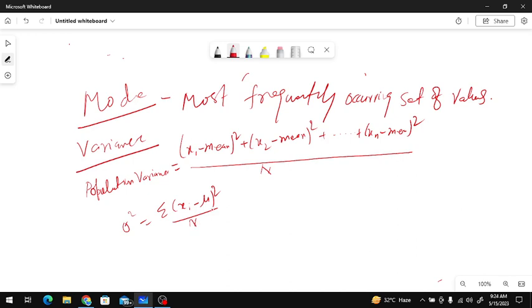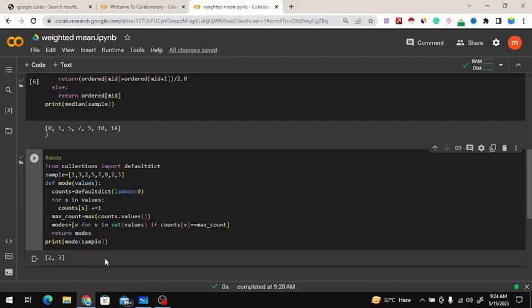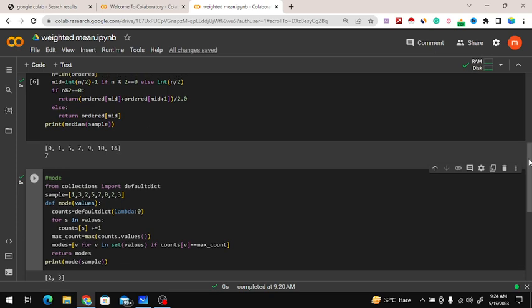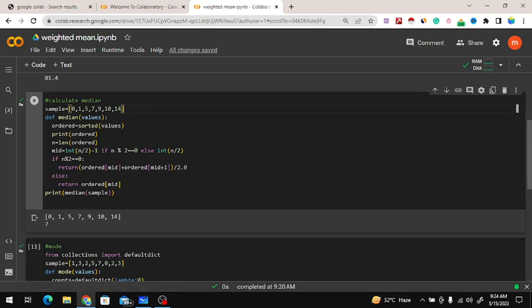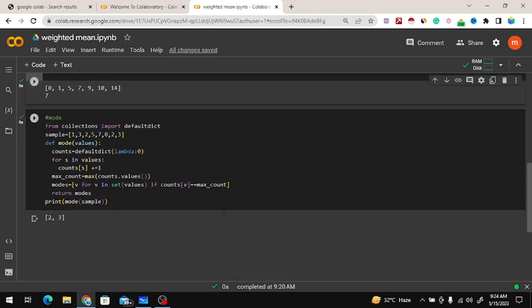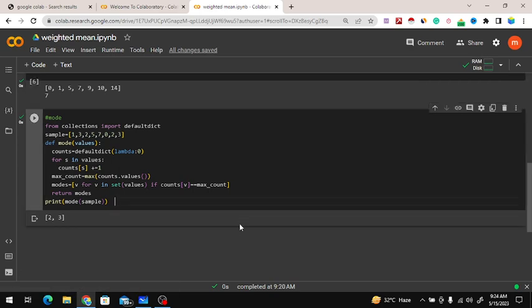So for calculating the population variance, let's take an example in Python. So we have similar data we will collect here. Let's see.